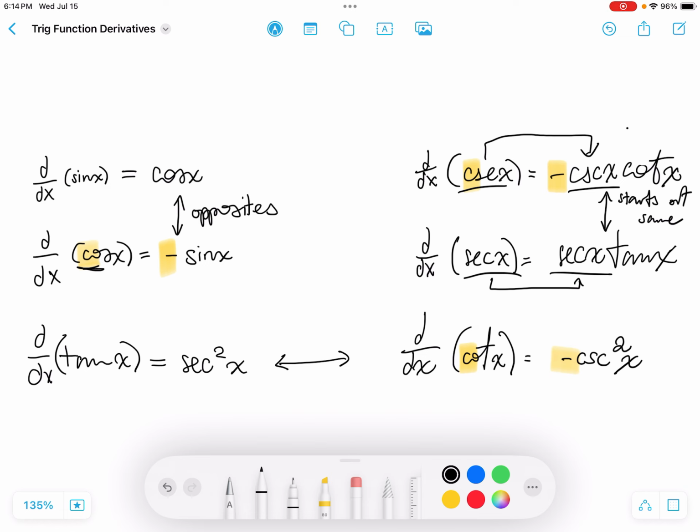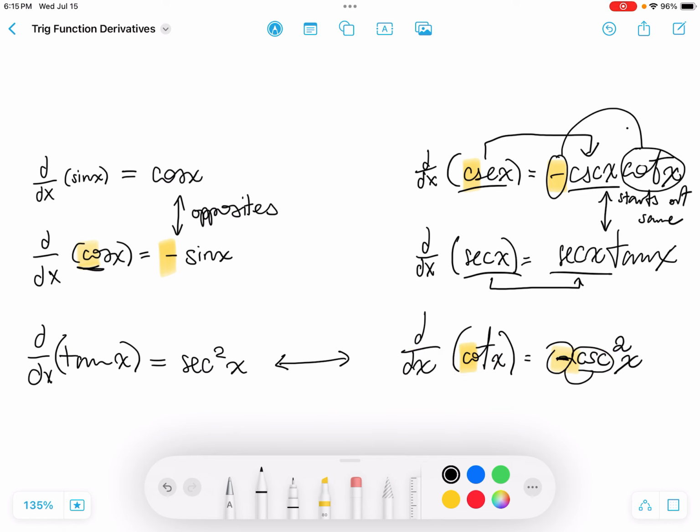Now, for the second part, we're going to jump around a little bit. So the cotangent part, we're going to associate this negative with cotangent. And we're going to associate the positive with tangent. But if we jump down here to this bottom part, we're also going to realize that the negative here is also associated with this cosine, this cofunction, right?